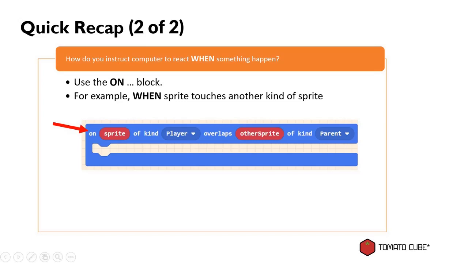This means when this event happens, perform anything that is inside this block. So in our example, on sprite of kind player overlaps other sprite of kind parent, we ask the parent to say I love you. So we place the block to say I love you inside this on block.